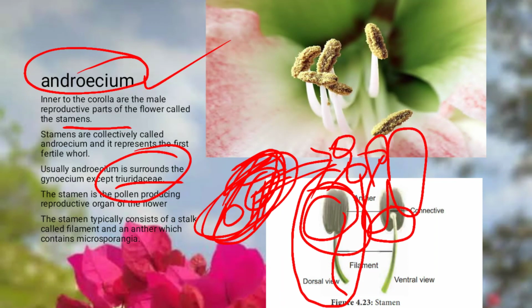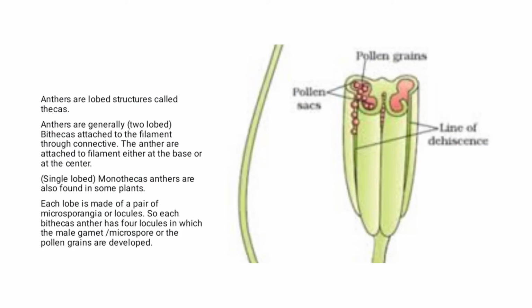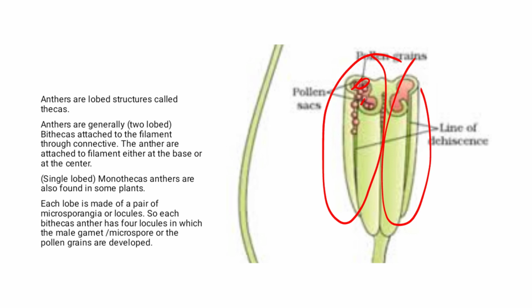Okay, so that is about the androecium. This is the lobed structure of microsporophylls, where each lobe has two sporangia, and each sporangium has microspore mother cells. The microspore mother cells undergo meiosis to form the spores, microspores, which are called pollen grains.